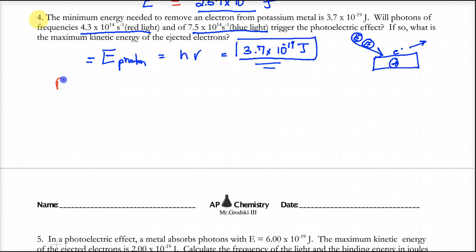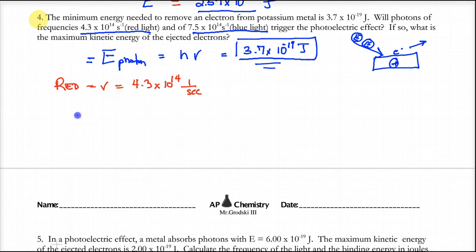The frequency of the red light is 4.3 times 10 to the 14. It's always going to be a positive number because it's cycles of wavelengths per second, a lot of them, 1 over a second. So they gave me the frequency. Let's figure out the energy.